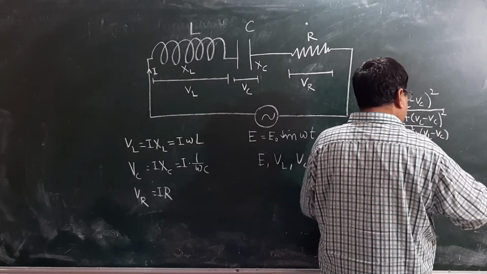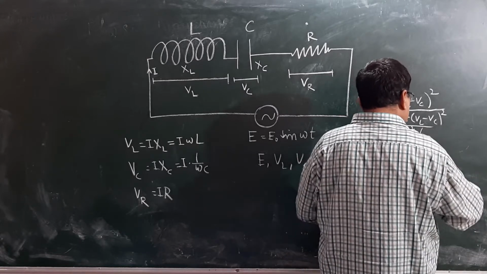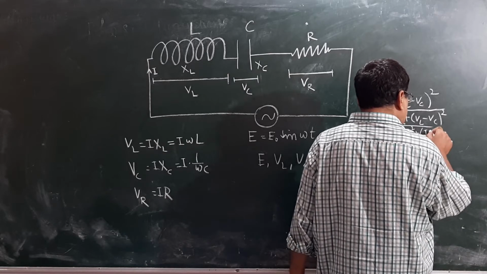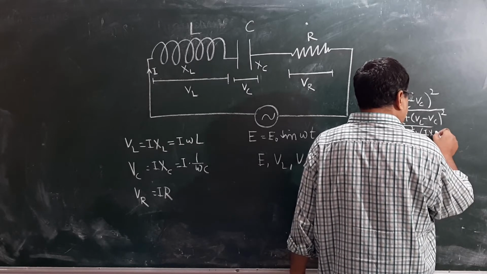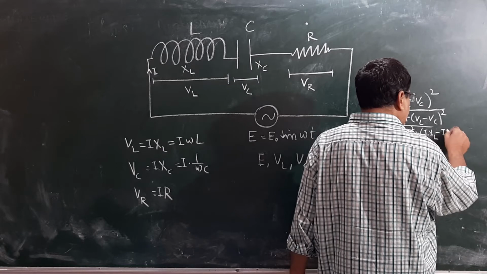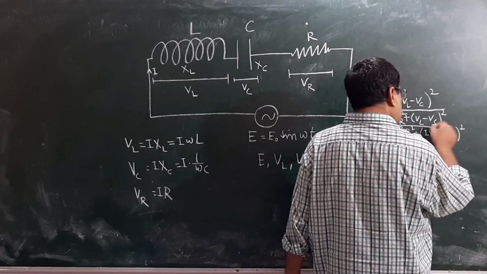We can write VL as I multiplied by XL and VC as I multiplied by XC, whole square.